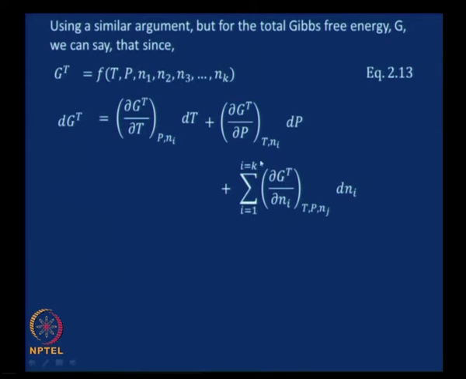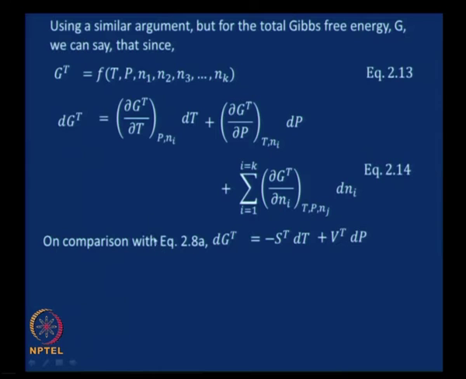This can be represented in short form as summation over i from 1 to k of ∂G_t/∂N_i at constant T, P, N_j, where we already saw that i and j will not be the same, times dN_i. I will call this equation 2.14.